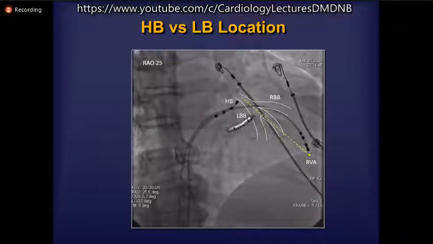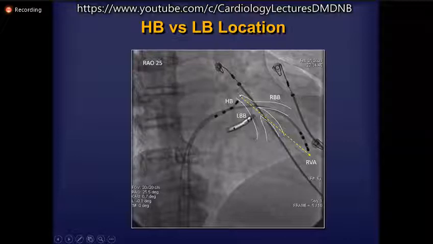And here, I want to show you the fluoroscopic landmarks of the location for His bundle versus left bundle pacing. So this is your catheter which is marking your His position, and this is where you would target for your His bundle pacing.